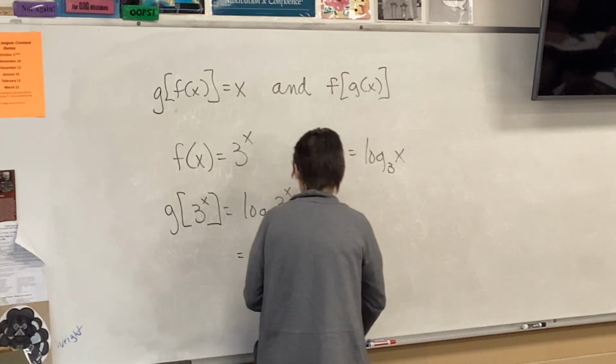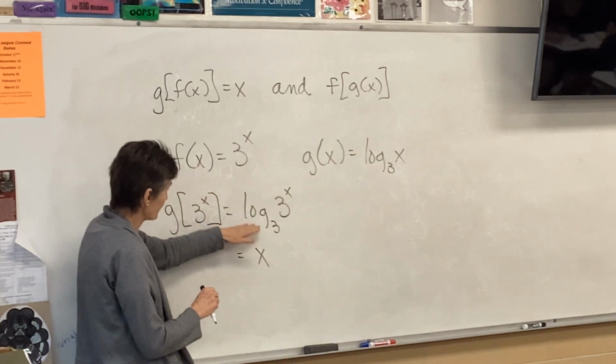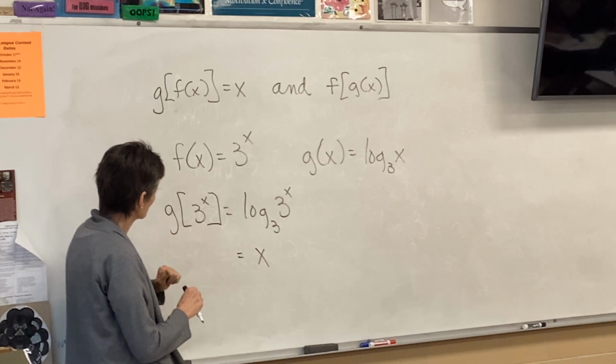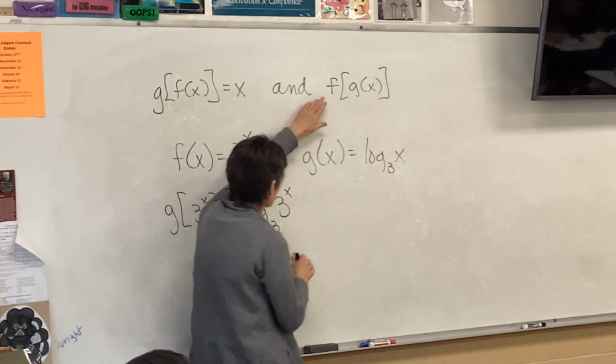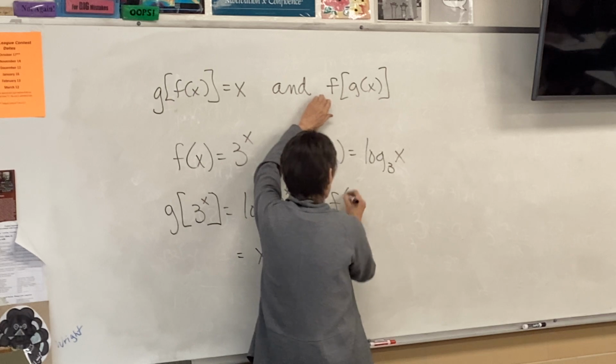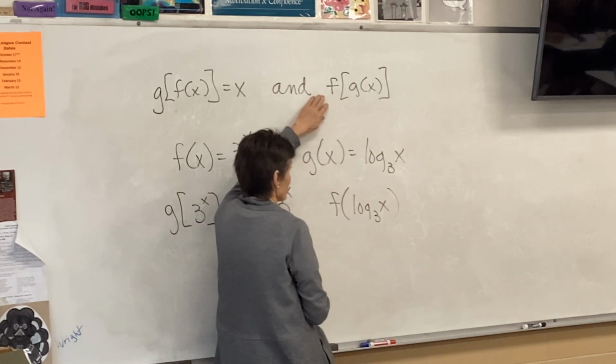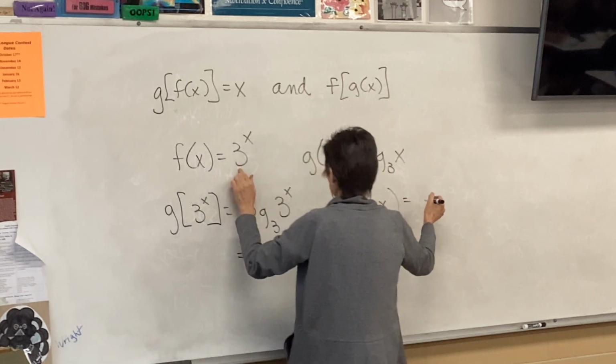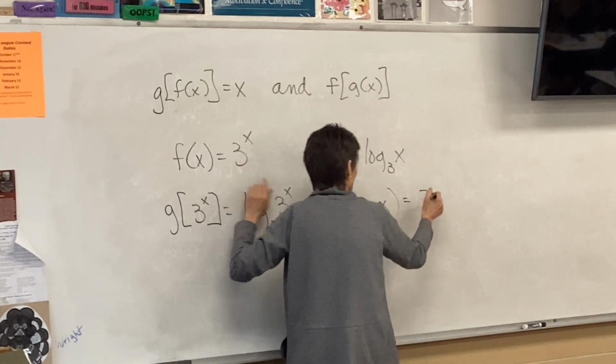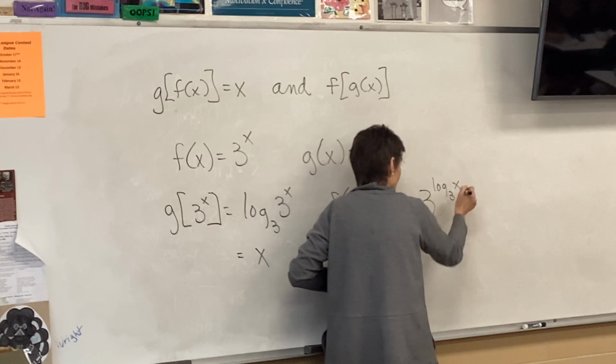Now we have to go the other way. So this one worked out great. This one came out the way we wanted it to. So now we're going to do this one, which says find f of the log base 3 of x, which is 3 to the log base 3 of x.